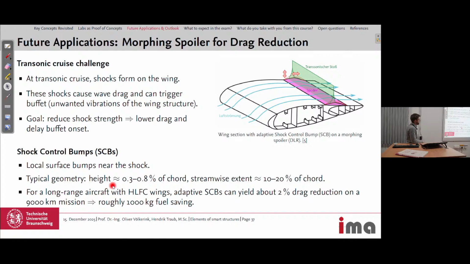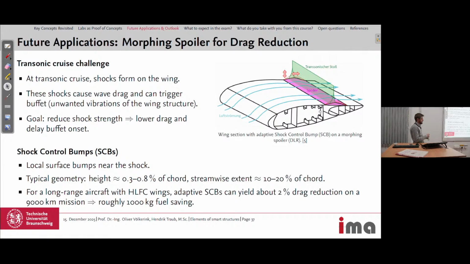Typical geometry of these local bumps is 0.3 to 0.8% of chord in height and a streamwise extent of 10 to 20% of chord, and the height is less than 1% of chord.